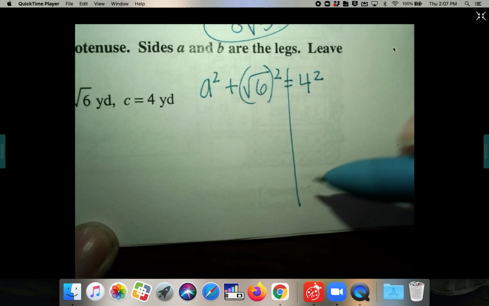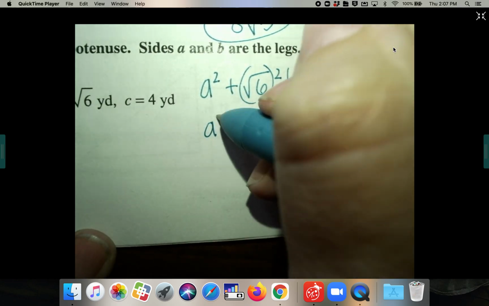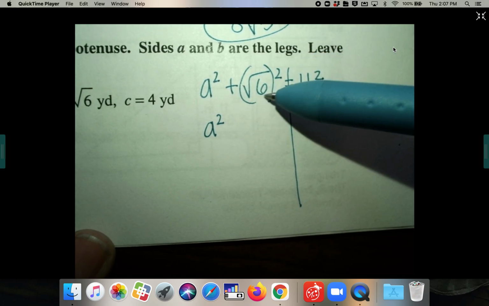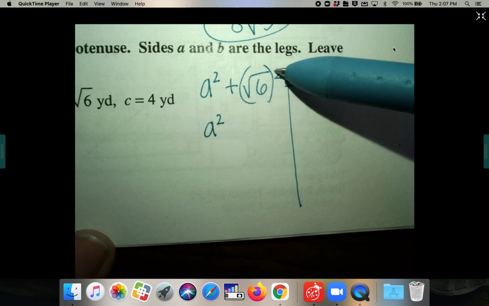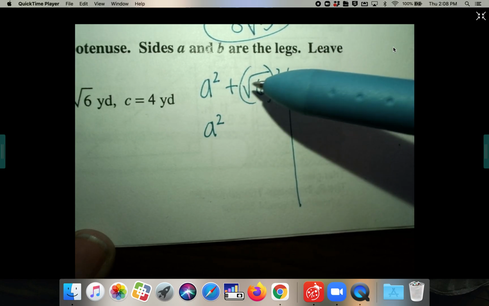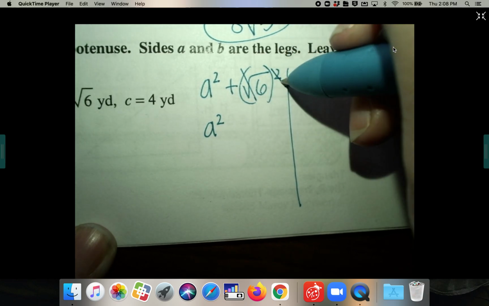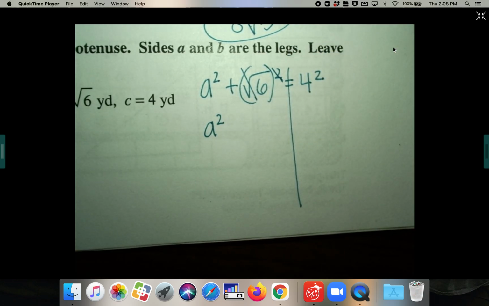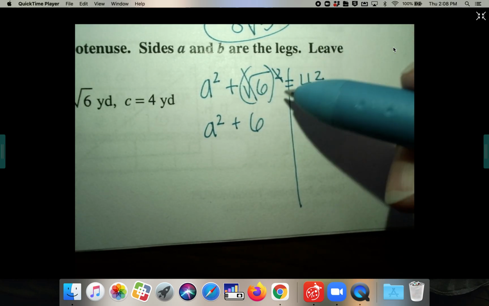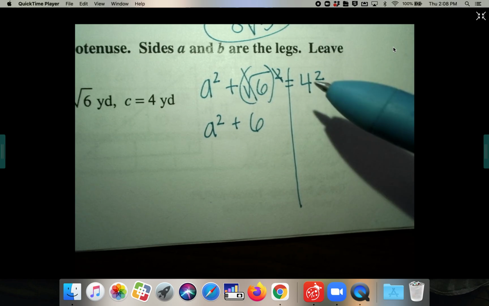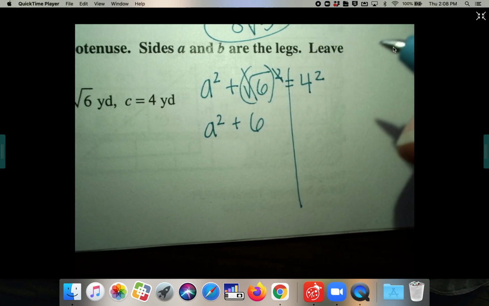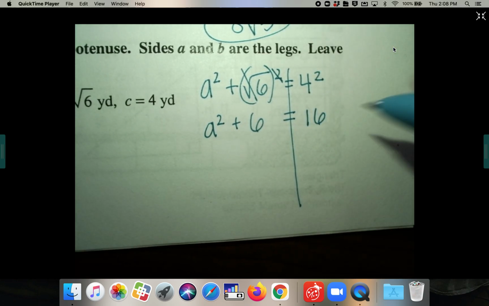All right, this is actually easier because if you're taking 6 and you're square rooting it and squaring it, those are opposite operations. Those are inverse operations. So those actually just cancel out and they leave just 6 by itself. So I love it when you have a square root that you're squaring, because they're just going to cancel each other out and you're not going to be left with having to do any work.